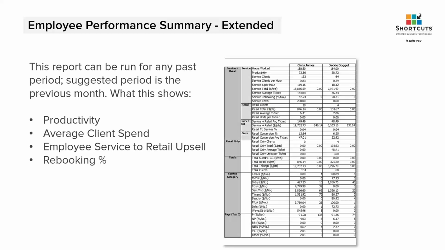How many customers that visit them also book a future appointment? If you're doing any sort of cost tracking in Shortcuts, what is the cost for these services? What are their averages on tickets? What's their conversion for retail to service?